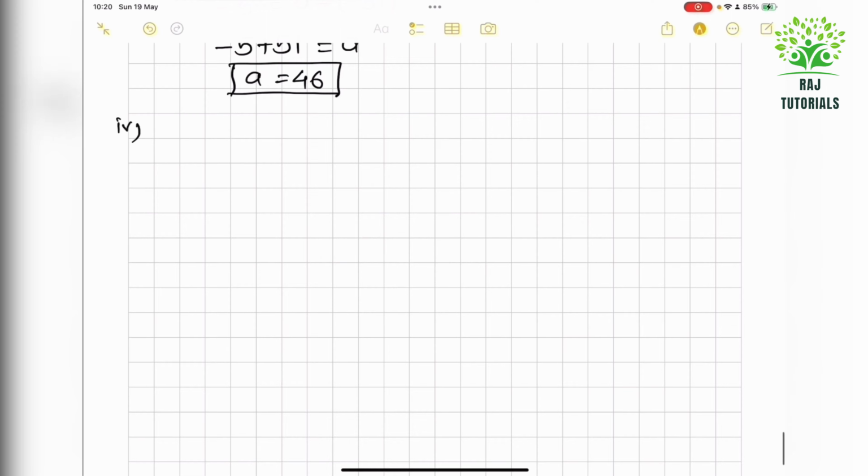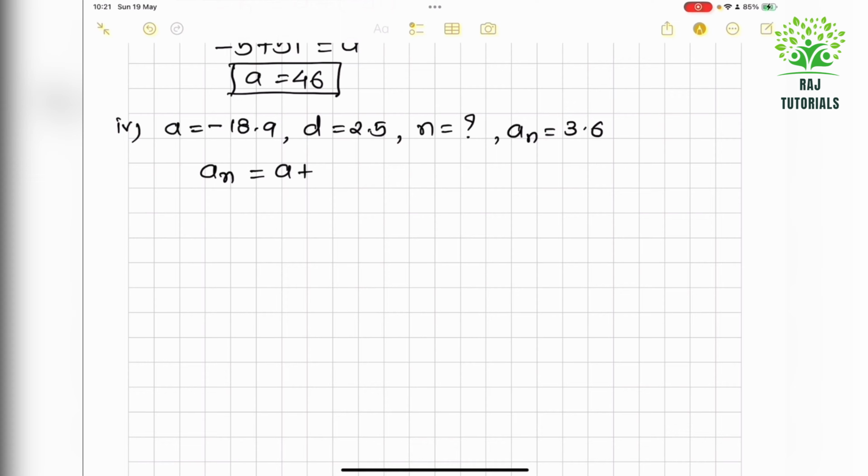The fourth one says given A equal to minus 18.9, D is 2.5, N I am not given, and AN is 3.6. Again the same formula, AN equal to A plus (N minus 1)D. AN is 3.6, equal to A, which is minus 18.9, plus (N minus 1), N I don't know, into D, which is 2.5.